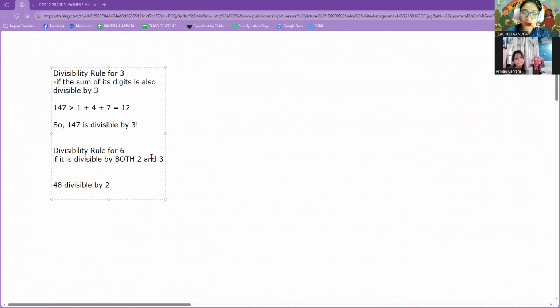And for 3, is it also divisible by 3? Because 4 plus 8 is 12, and when you divide it by 3, it's 4. So there is no remainder. So it means that 48 is divisible by 2 and 3. Mathematically, 48 is divisible by 6. Are we clear?